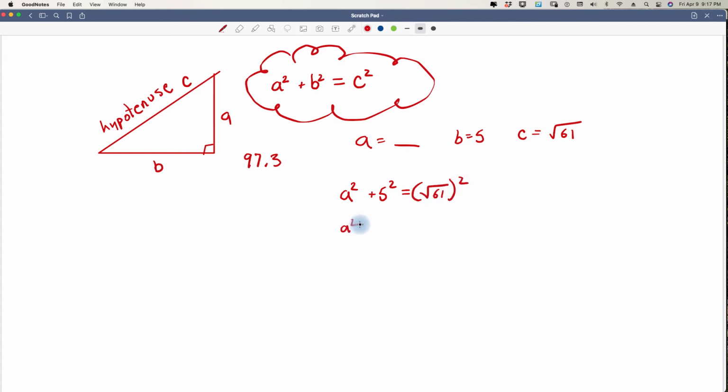A squared plus 25 equals, well, the square of a square root is just the number within, so that's 61. So we subtract 25 from both sides, just like any other equation. A squared equals 36. A equals the square root of 36, so A equals 6. See how easy these are? You guys should be able to do these in your sleep.